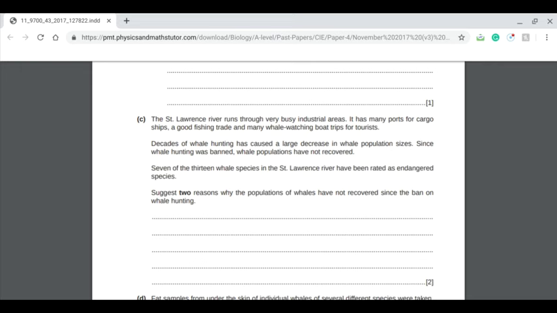Remember, it was hidden in plain sight. Another answer, which is really, really easy, is that there is a lot of competition. Obviously, whales need food, and there is competition between the types of different foods. For example, they like to eat a certain type of fish, which is probably in low stock as well, because there is competition. And obviously, if there's competition between the species, it will not die out, but it will not increase in size.